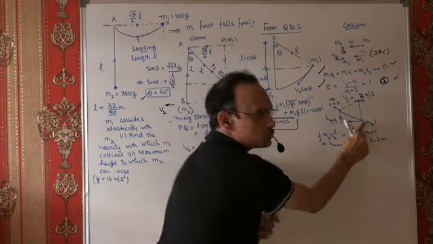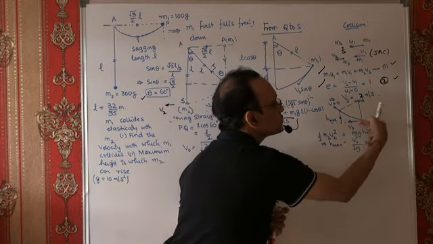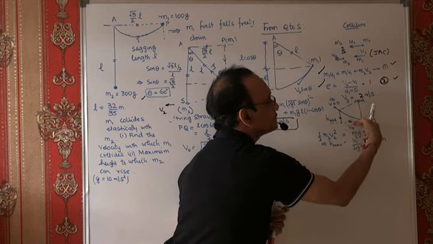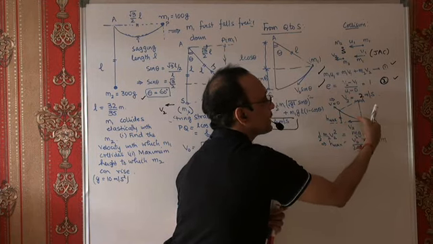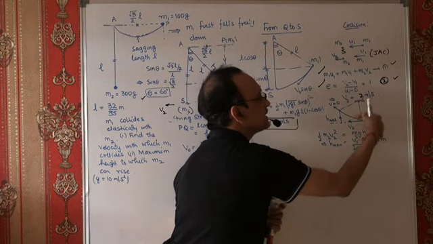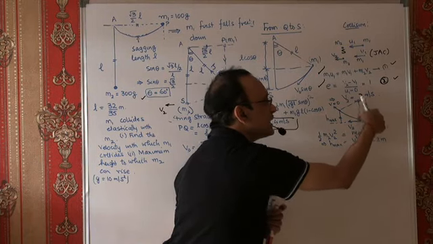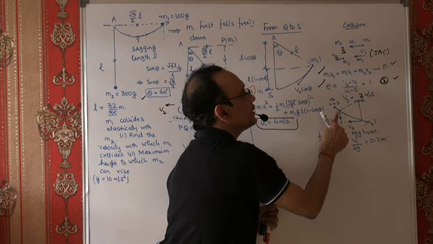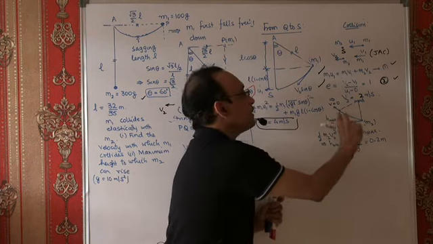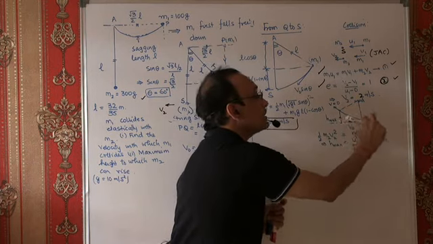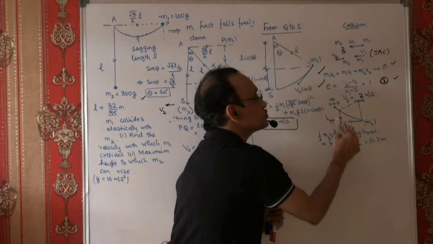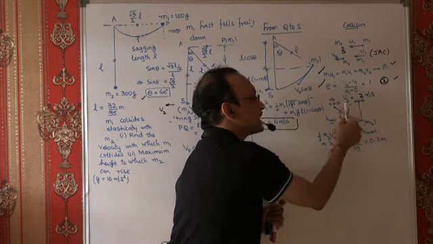So now look at m2. m2 is moving leftwards with a velocity v2, right? It's tied with a string, and eventually it'll keep rising. It'll keep gaining potential energy, and there'll be a point when all its kinetic energy, half m2 v2 squared, gets converted into potential energy.